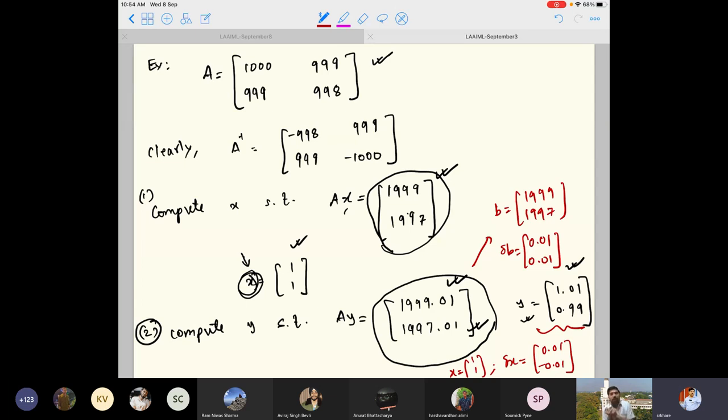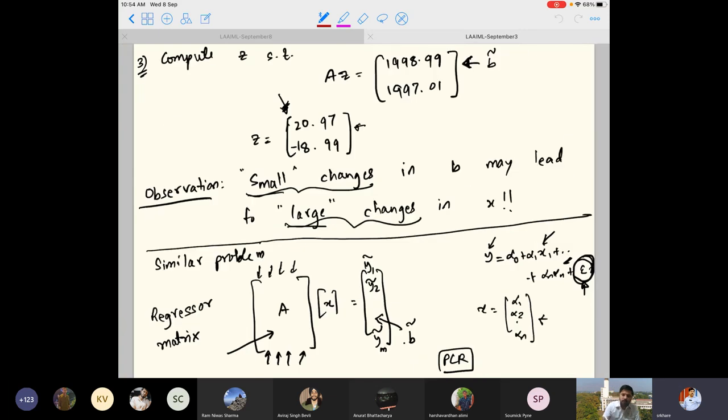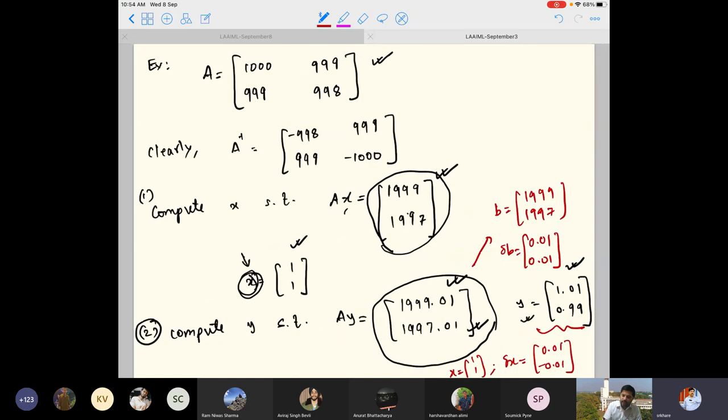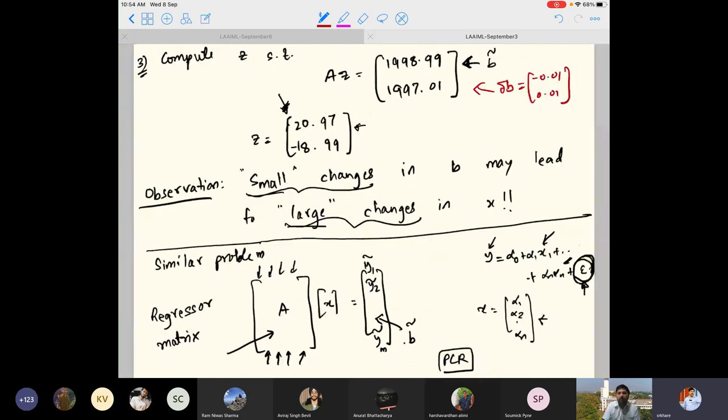Here, in this particular case, your B was the same, but delta B is different: 0.01, minus 0. Okay, the other way around, minus 0.01 and 0.01, right? So if you see, the magnitude of the perturbation in both cases is the same.